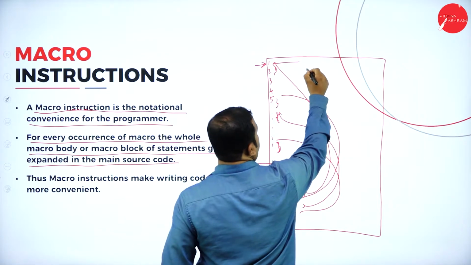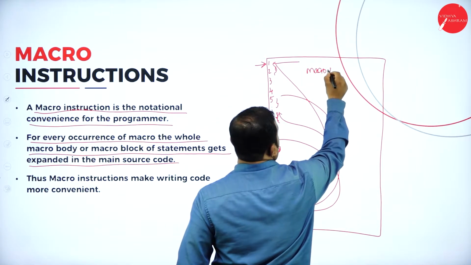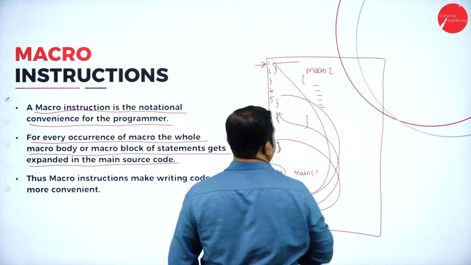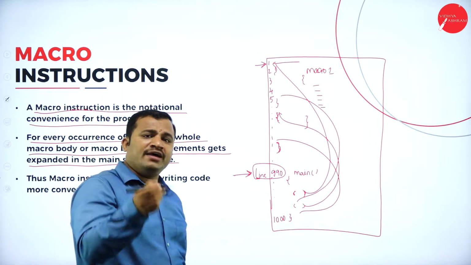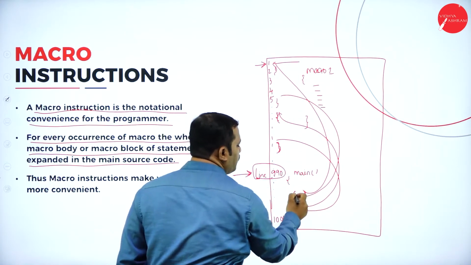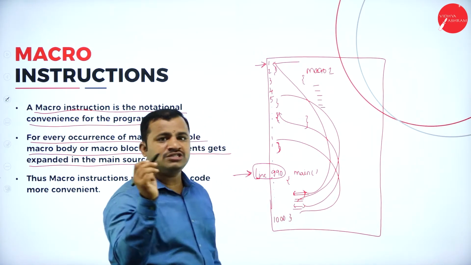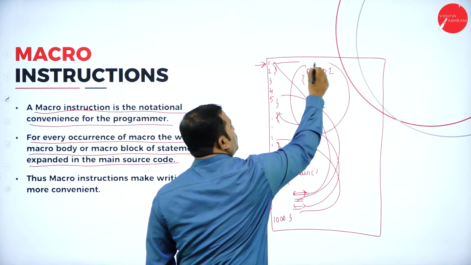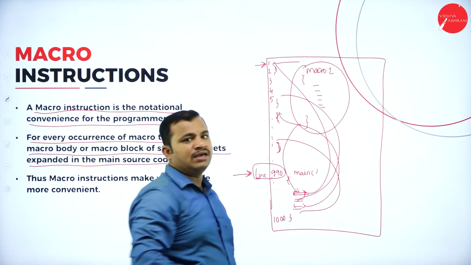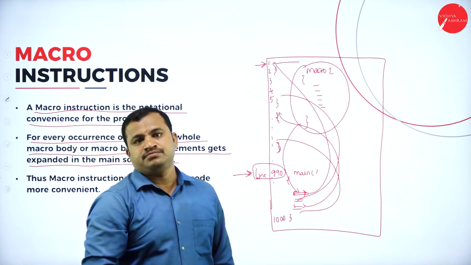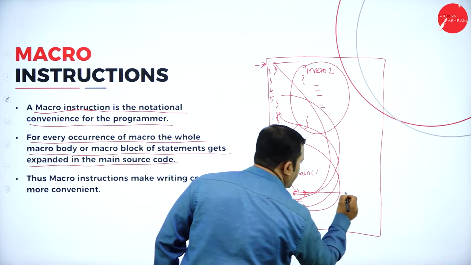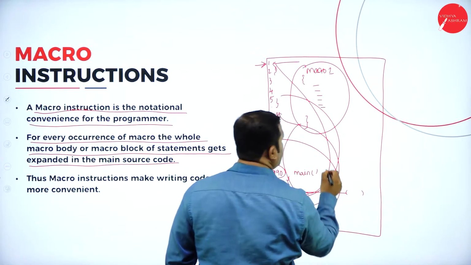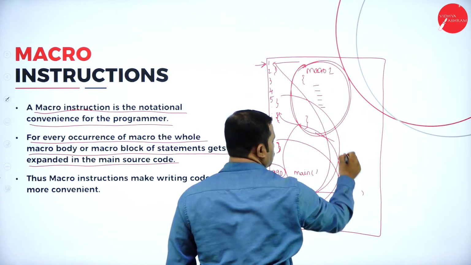Suppose I have a macro definition called macro 1, then I will define a certain set of statements within this macro definition, and instead of defining the same macro definition everywhere in my main program, I will just use one statement which is sufficient enough to place the entire macro definition exactly where I have the macro instruction. That is, if I have the first statement which requires the macro definition, then the statement itself is sufficient enough to place the entire thing into this location.